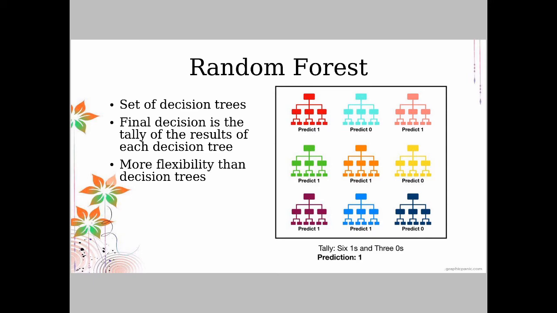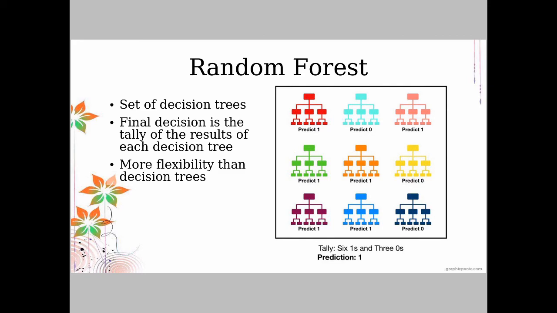So we have a random forest to make up for those inadequacies of the decision tree. A random forest is basically a collection of different decision trees. We run the data through these decision trees, and the final decision is the tally of your decision trees. So this offers more flexibility than a single decision tree.